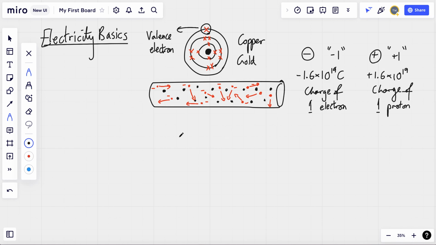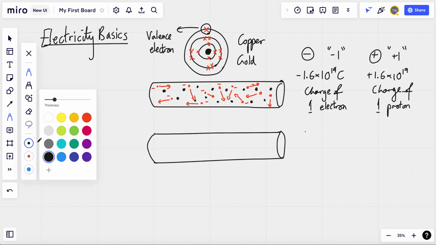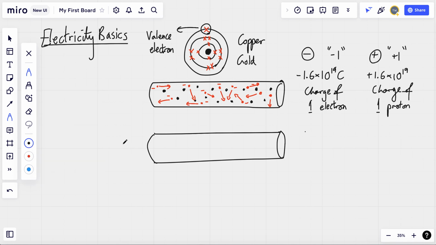Now, let's draw another diagram. Let's say I have my copper wire with all these free electrons flying around, and I get a battery, or what's known as a cell. We've all seen a battery. Let's pretend it's a AA battery.